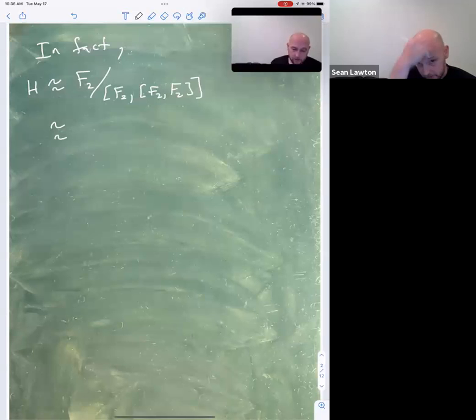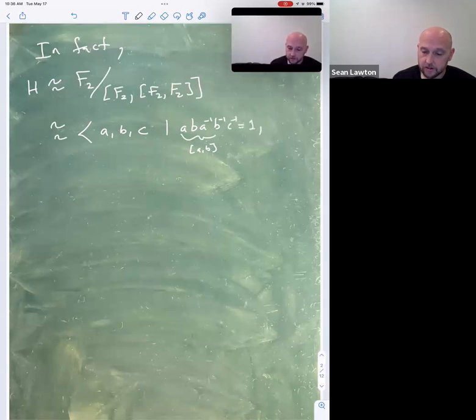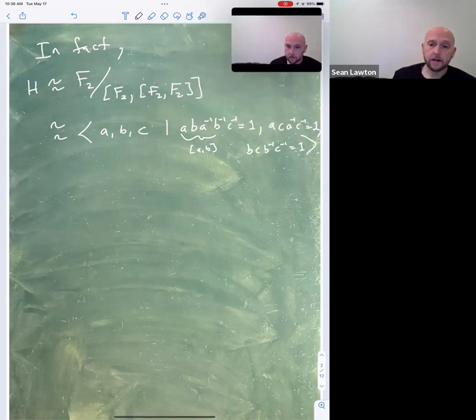And that gives a presentation for H in terms of 3 letters, A, B, and C, such that A, B, A inverse, B inverse, that's the commutator, times C inverse is the identity. And then A commutes with C, and also B commutes with C. Okay, so in particular, C is central.